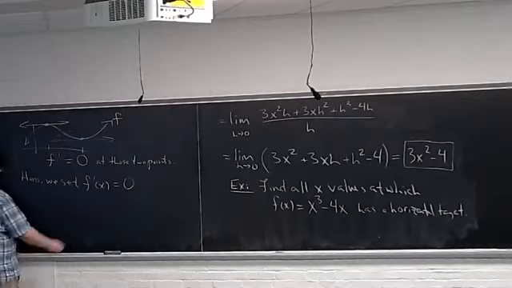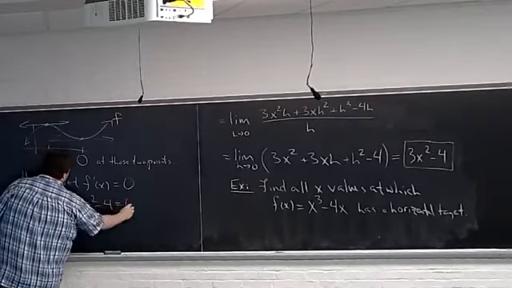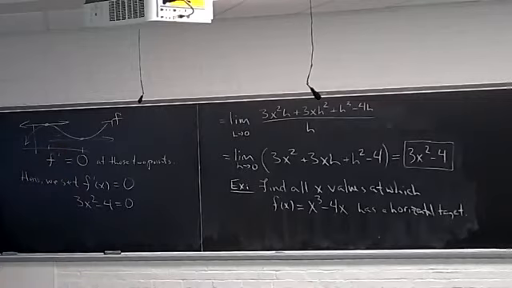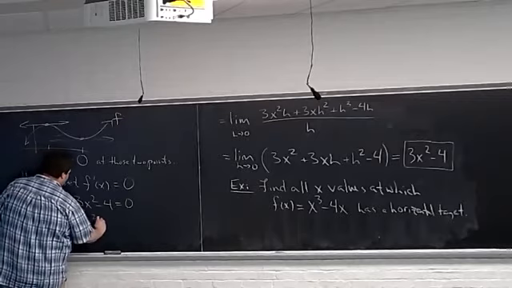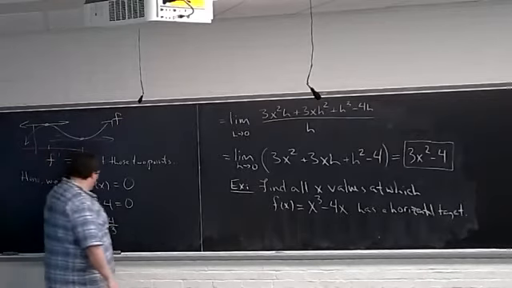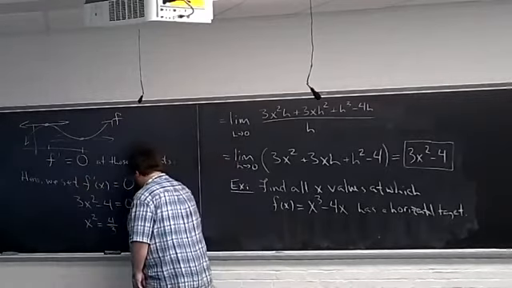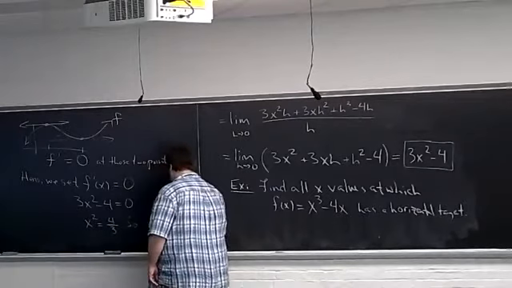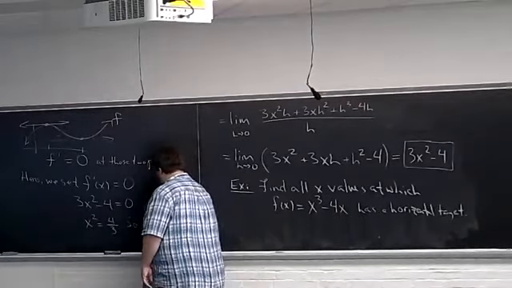Well, in the previous example, we found that f prime of x is 3x squared minus 4. Solve this for x. Add 4, divide by 3. X squared equals 4/3. Solve for x. Square root of 4 is 2, square root of 3.